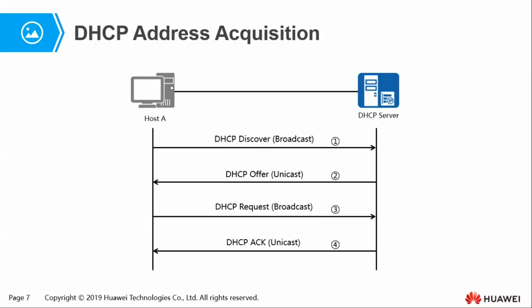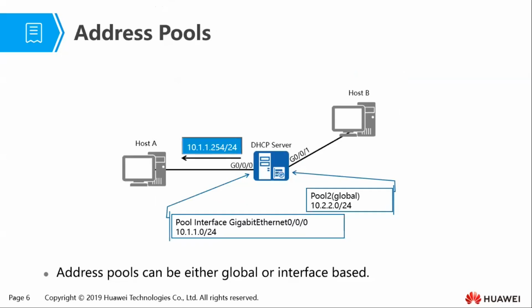A host can be given an address from either a global pool or an interface pool, so what determines that? Why should one be given an address from the interface pool or the global one?